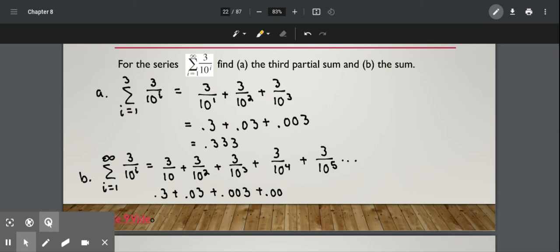So we keep throwing another 0 in front of the 3, right? And we keep going. So eventually what happens is we get 0.3 repeating because we can continue that pattern forever. And so you end up with 1/3 for that.